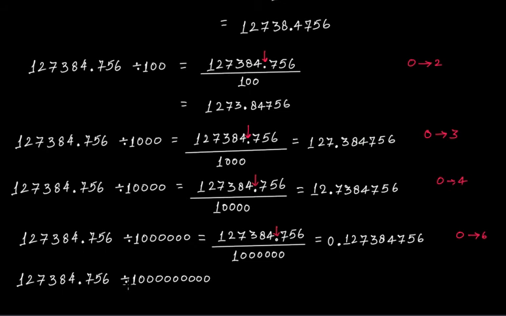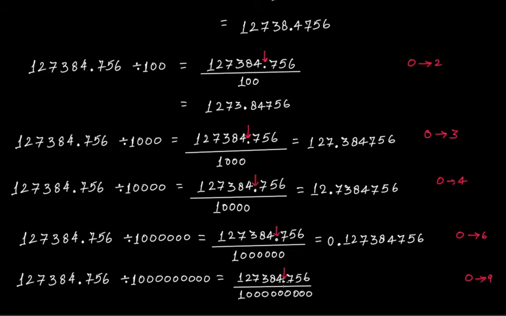So now this is the same number, 1, 2, 7, 3, 8, 4.7, 5 and 6, being divided by a number that has 9 zeros, 1, 2, 3, 4, 5, 6, 7, 8 and 9. Okay, no issues. Our decimal point is here. We have 9 zeros in this case. You can count simply. We have 9 zeros.